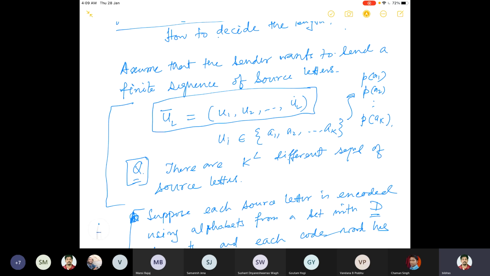So let me repeat it again. What we're trying to say here is, suppose we consider all possible sequences of length L, okay? And this is a sequence of source letters, each one of these A1, A2, AK.